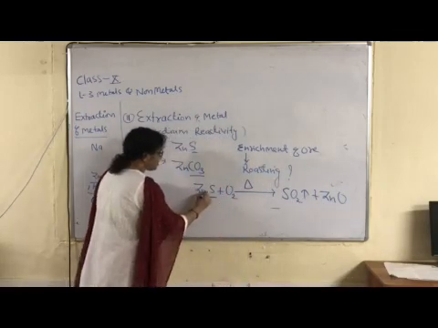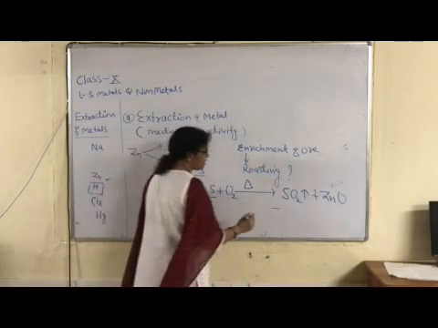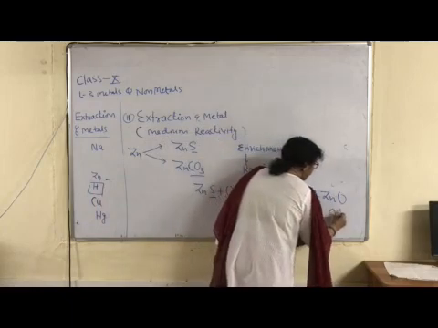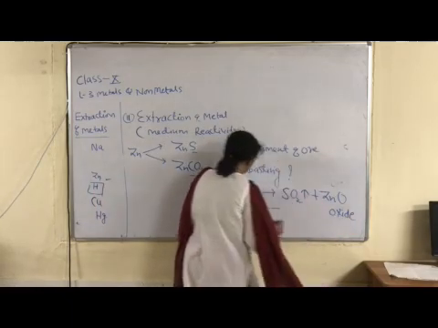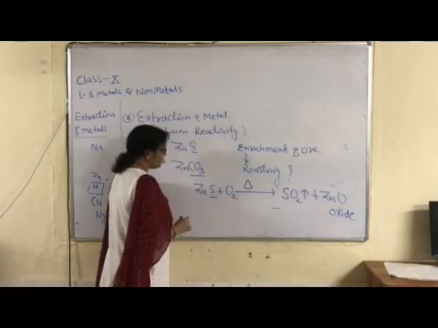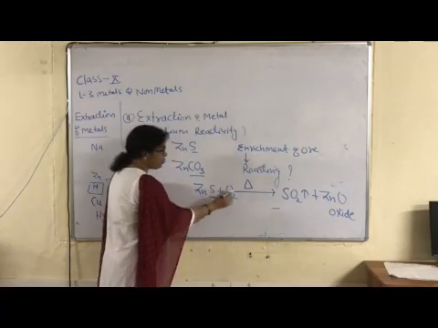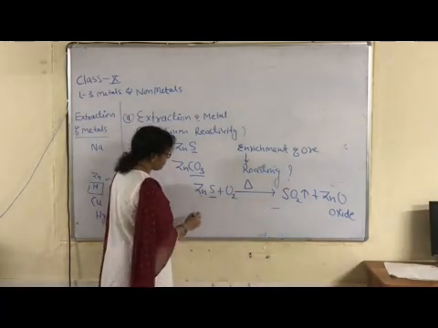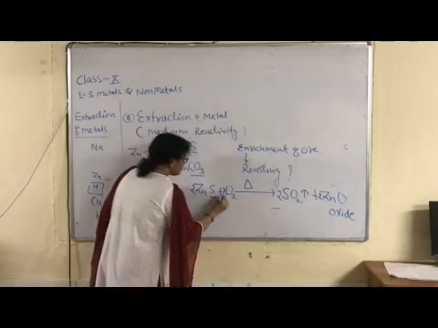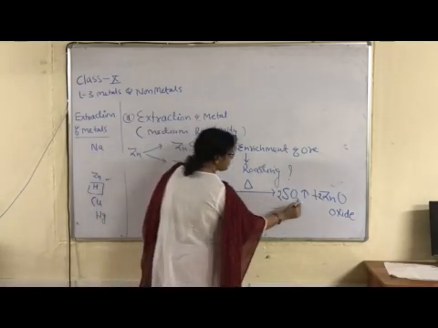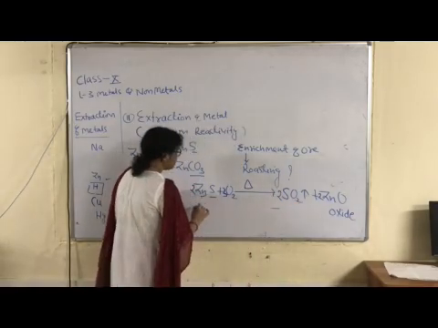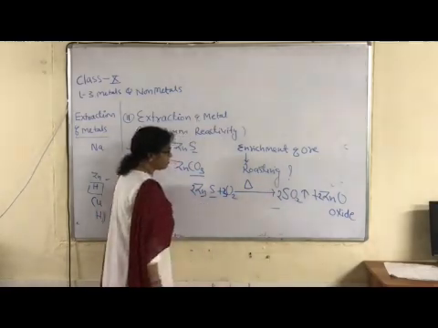Here zinc is present as zinc sulfide, and on the product side zinc is present as oxide. So the purpose of roasting is conversion of sulfide ore into oxide ore. Now this is the balanced equation.